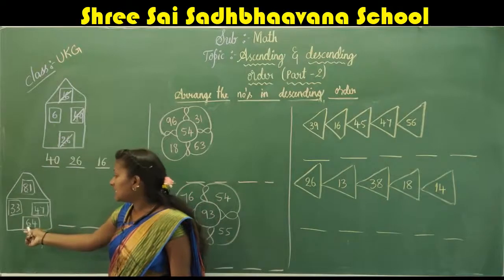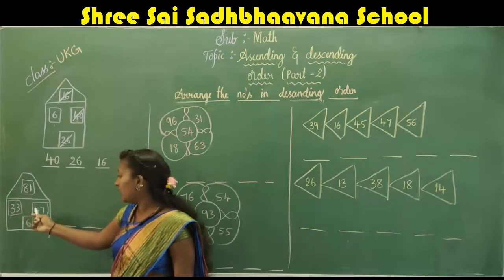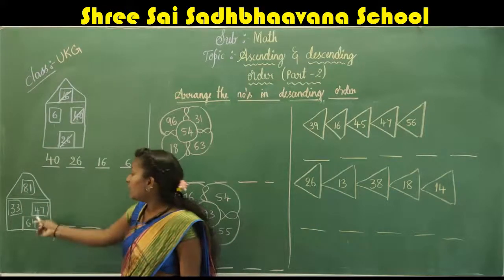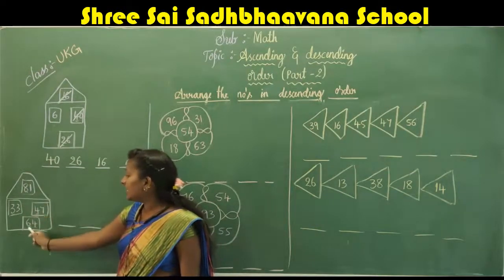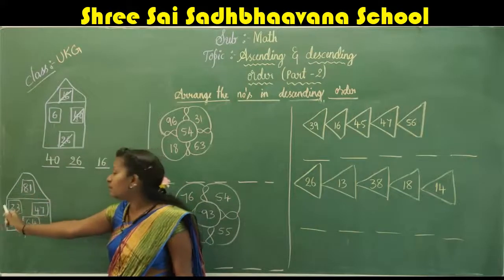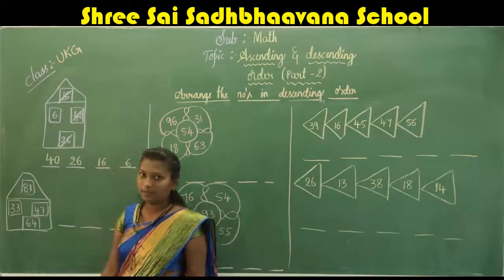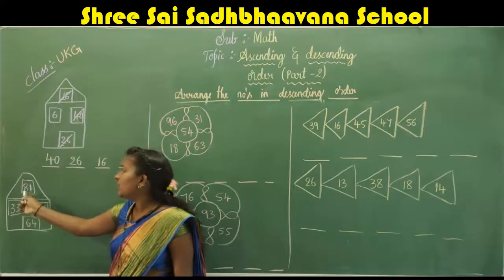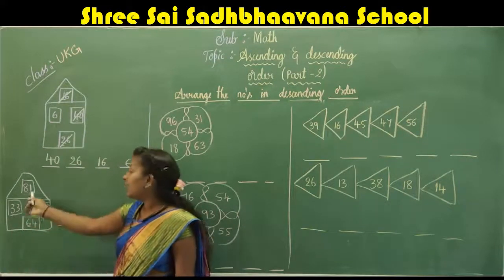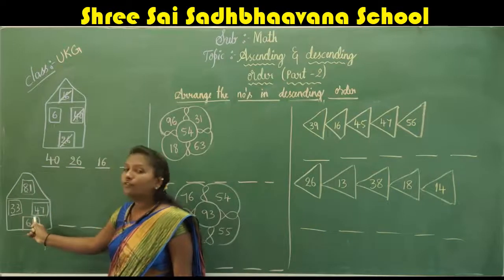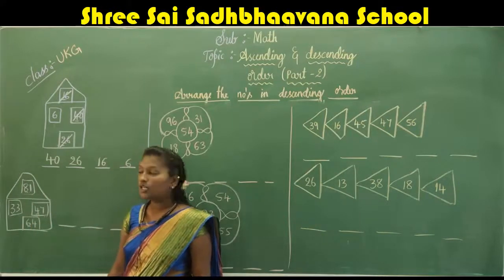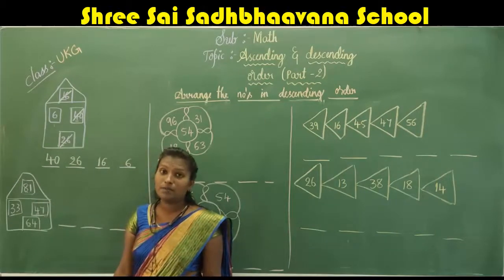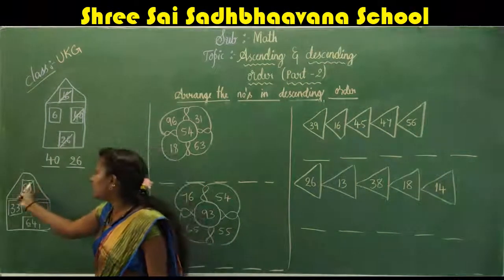Children, 6 is bigger than 3 and 4, smaller than 8. 4 is smaller than 6 and 8, bigger than 3. 3 is smaller than 6, 4 and 8. 8 is bigger than 3, 4 and 6. So 81, with 8, is the biggest number. So we have to cancel number 81.